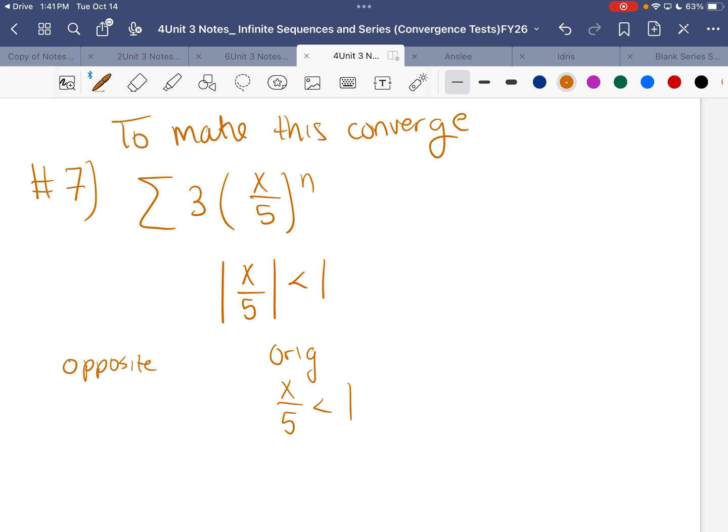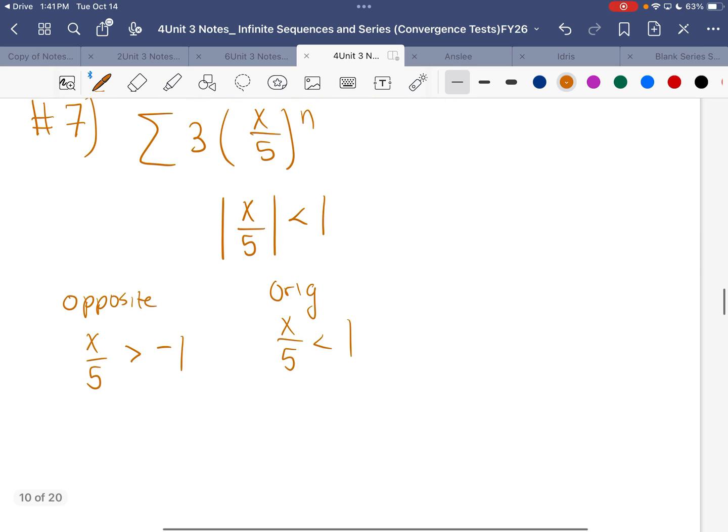When you have the opposite, you multiply both sides by a negative 1. Negative 1 multiplying an absolute value, the absolute value deflects the negative. But if I'm multiplying both sides by negative, I flip the sign around. So I'm going to have x over 5 is greater than negative 1. You could also make a compound inequality. That would probably be a good idea. So you have x is greater than negative 5 and x is less than 5.